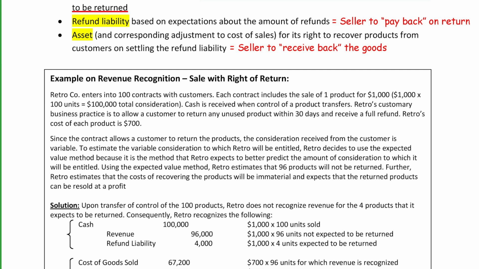Since the contract allows a customer to return the products, the consideration received from the customer is variable. And to estimate the variable consideration to which Retro will be entitled, Retro decides to use the expected value method. Using that method, Retro estimates that 96 products will not be returned.